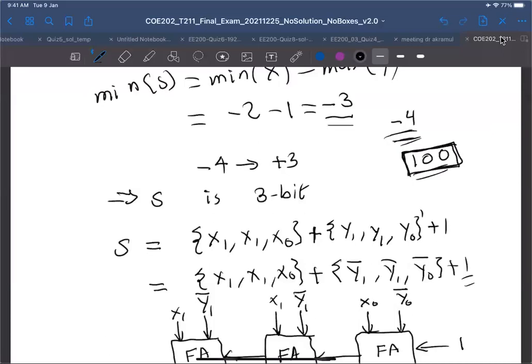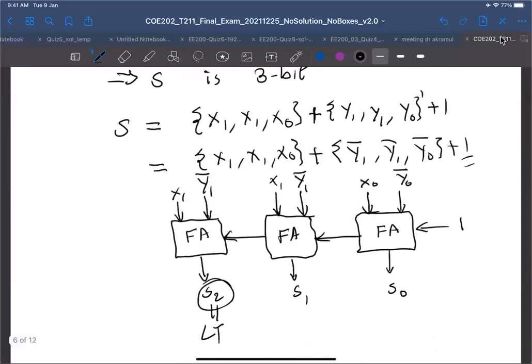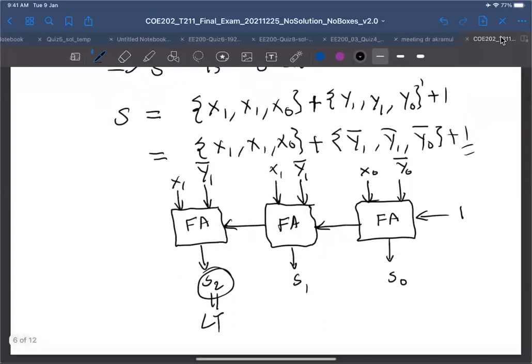So in order to detect a 0 for S, we need to check only bits S0 and S1.